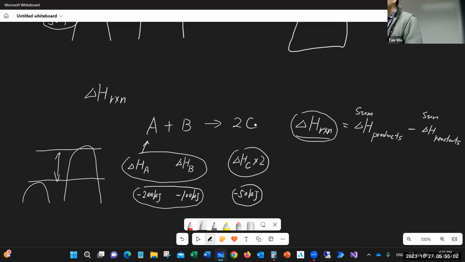Reactants and products. This is how we figure out the enthalpy of the reaction. So the sum of this one is negative 50 kilojoule times 2, because we have 2 of the C. And you subtract the enthalpy change of this, negative 200 kilojoule. Since this is one of them, you just keep one of this. And this is also 1 B, so that's one of that, plus negative 100 kilojoule of the B.